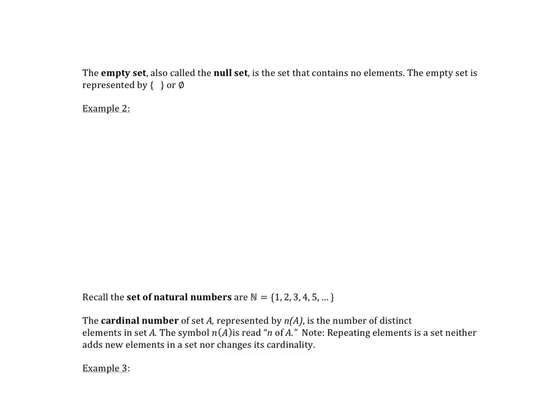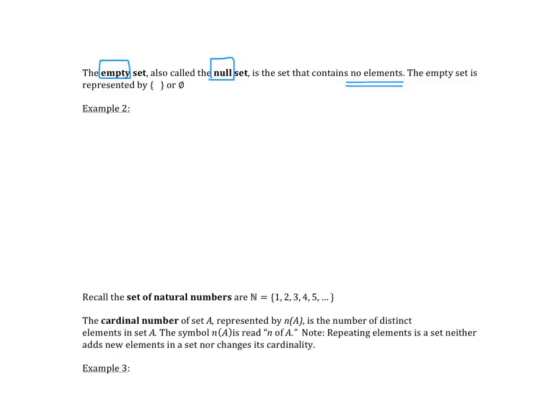So we have the empty set. Again, more terminology. The empty set, which is also called the null set. Let me choose a different color here. Let's do blue. When we talk about the empty set, that's the same thing as the null set. It's basically the set that contains no elements.